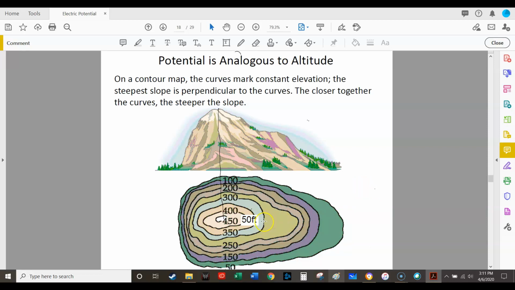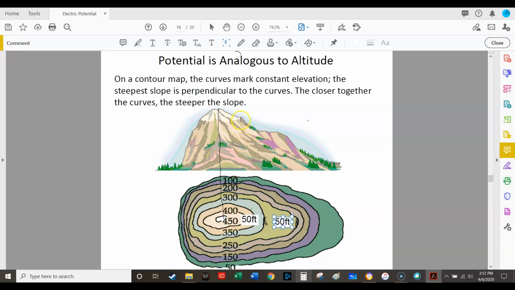Well, notice that these two height lines are really far apart, okay? Well, this is going to be 300 feet. I'm just tracing the line over here. And this line is 250 feet. So even though this difference is really far apart right here, well, that is still just a difference of 50 feet.